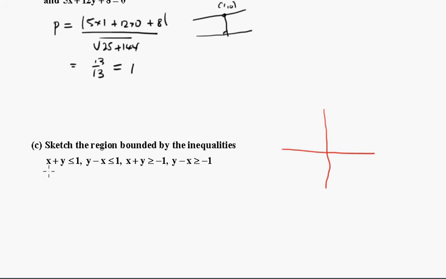Okay, this particular one here, when you draw the straight line, that's just this line here, and the region will be all points going that way. Drawing this one, that goes that way. This is 1 here, and this is 1. This is minus 1, and it's that area there.